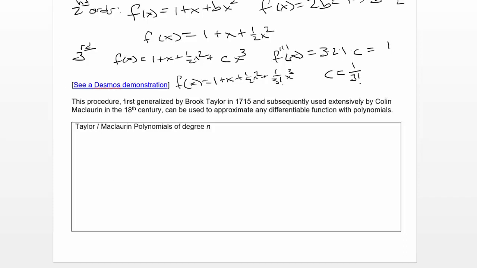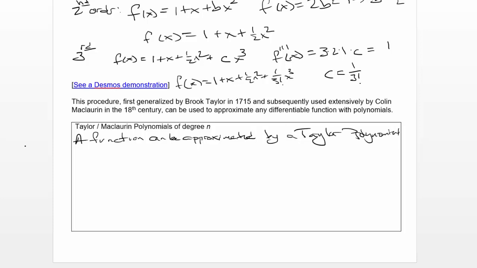We say a function can be approximated by a Taylor polynomial centered at x equals c, in the following way.